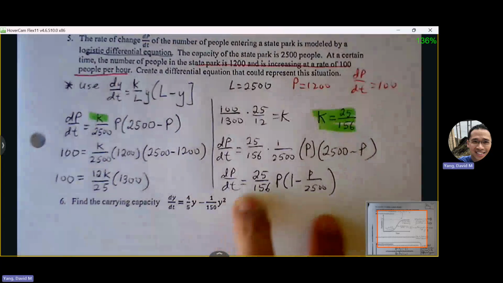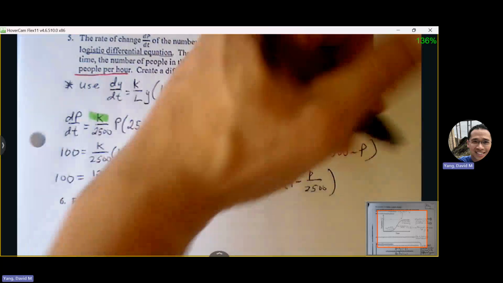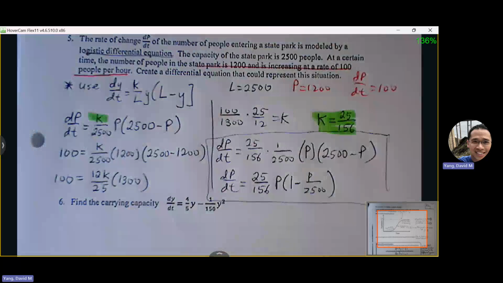Any of these variations are fine, as long as all of our L and our K get replaced.